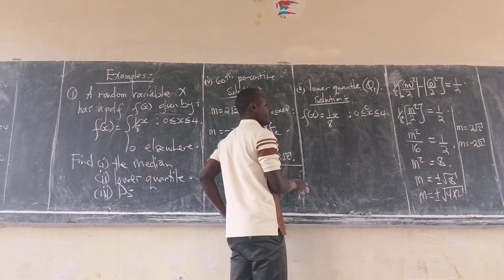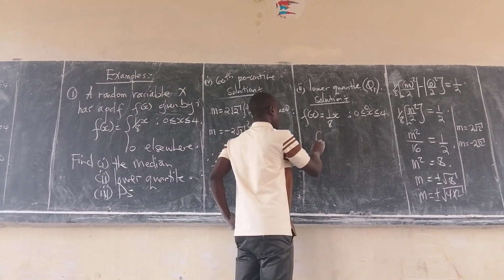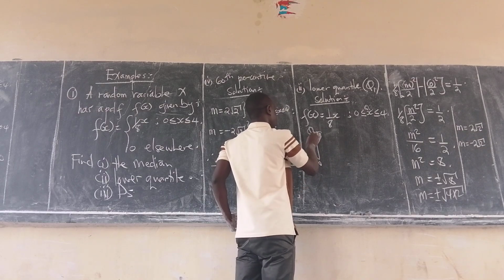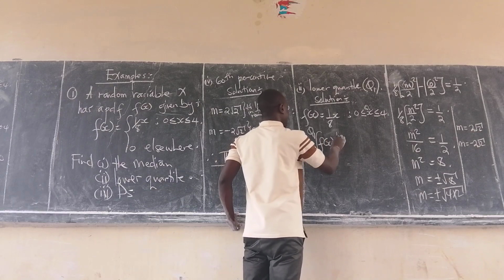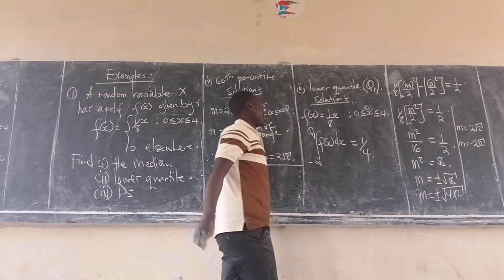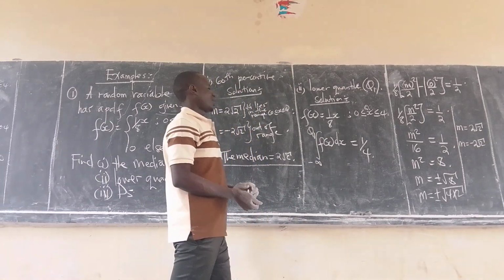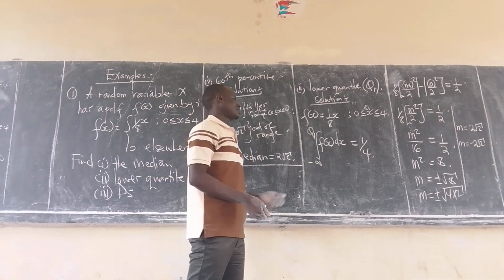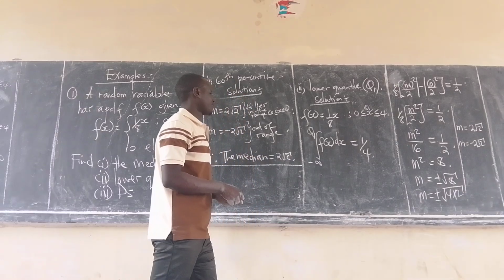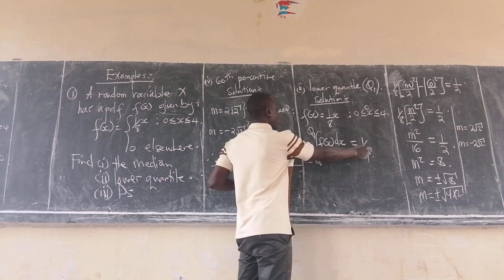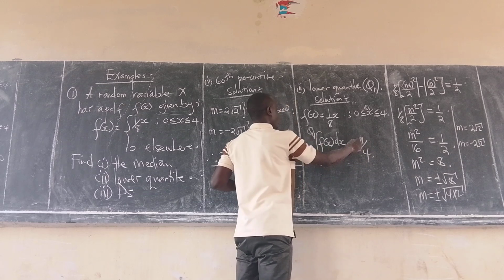So if you want to find Q1, it means when you integrate from negative infinity up to Q1 of f of x dx, the answer should be a quarter. We said if it is Q2, you say 2 over 4. If it is Q3, you say 3 over 4. Because we are looking for the lower quartile, we are equating to 1 over 4.